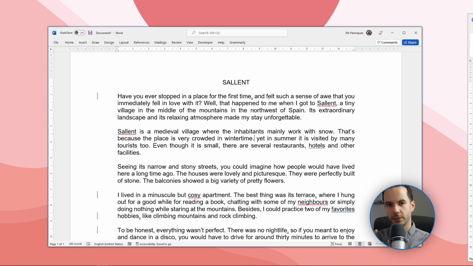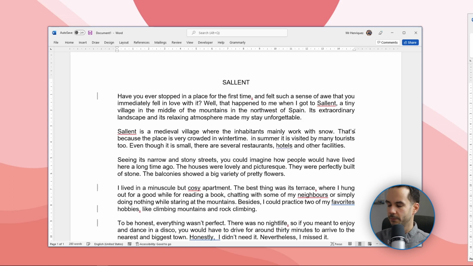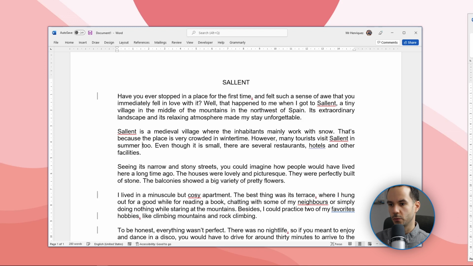And then we need to make a link to the summer. And I'm going to do that with however. However, many tourists visit Salon in summer too.